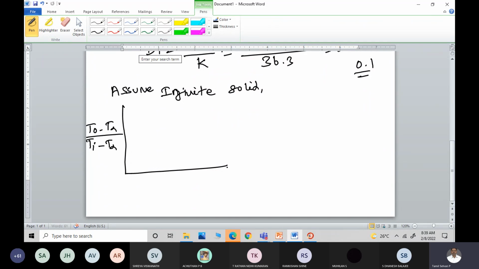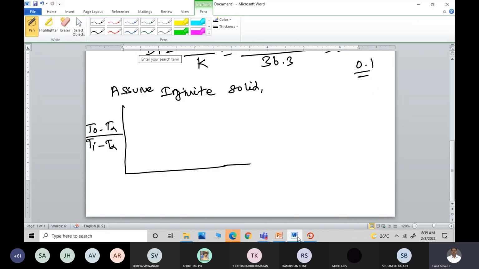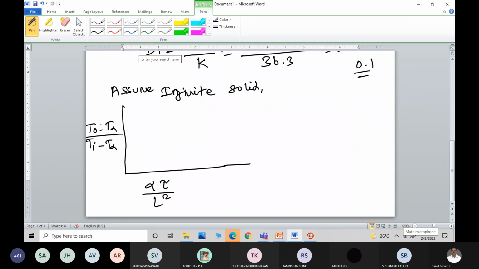And what is the x-axis? Alpha tau by L squared, right? Alpha tau by L squared. And similarly, the curves are hL by k. I will come to that.